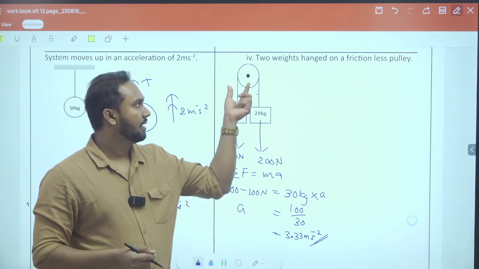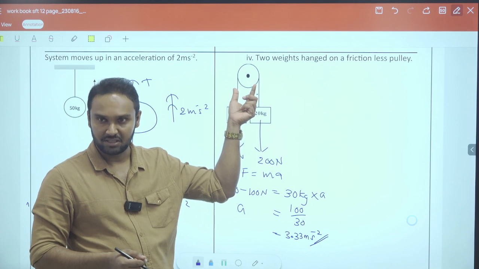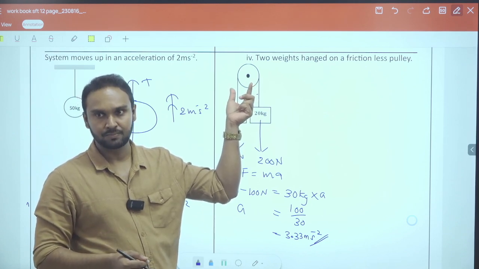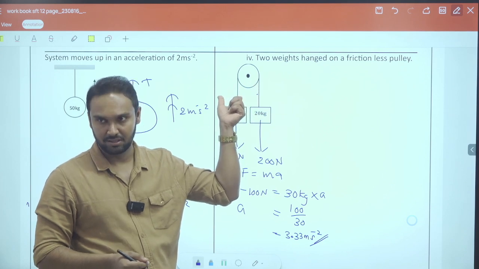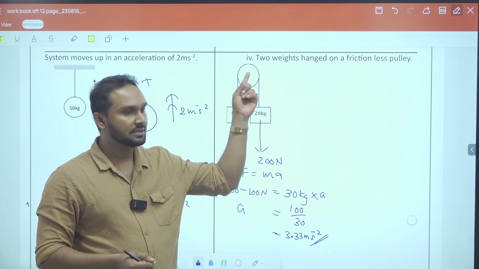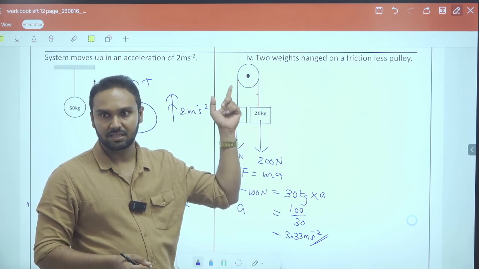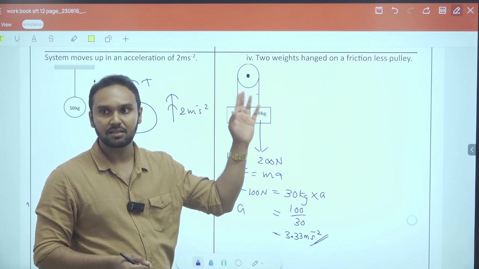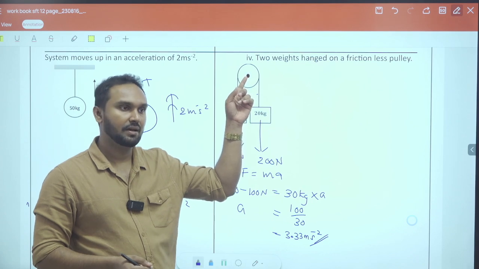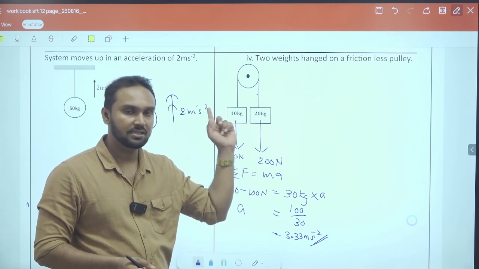If it is the same rope or the same string, it has to have the same tension, right? Acting oppositely, right? And since this is a pulley and the pulley doesn't have any friction, that means the tensions are still equal, right? But if there was any friction in the pulley, the tension will change on either side.